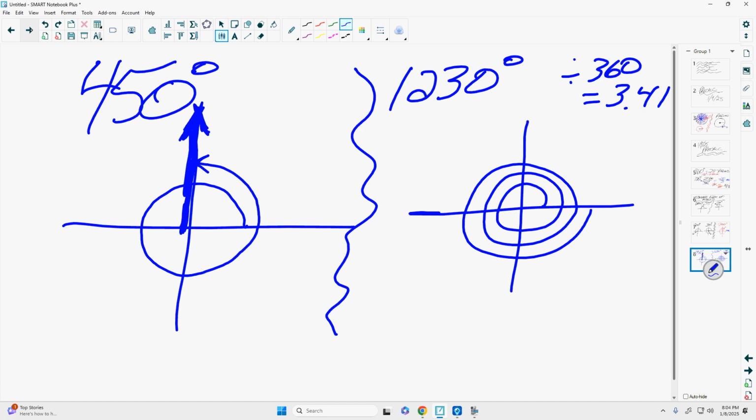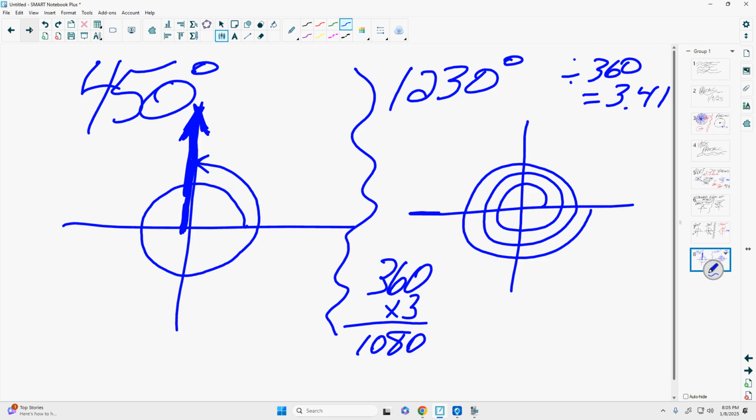Okay, but wait, there's more. I still have to go further. So in my calculator, I'm going to take 3 times 360 and get 1,080.